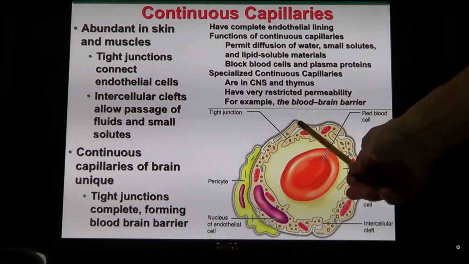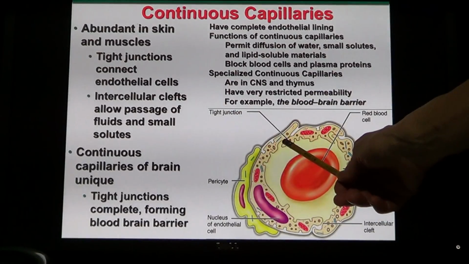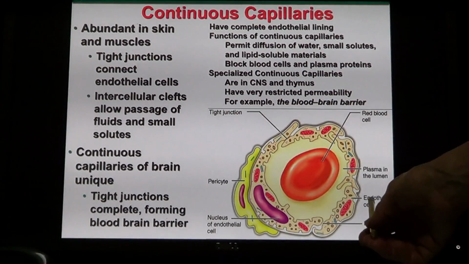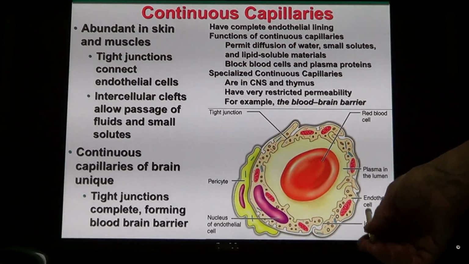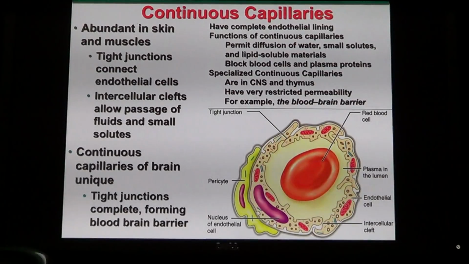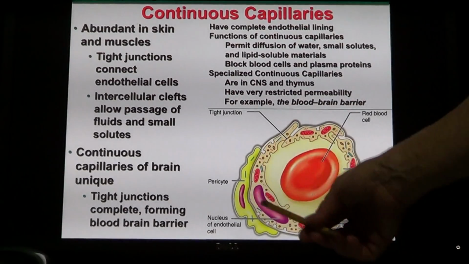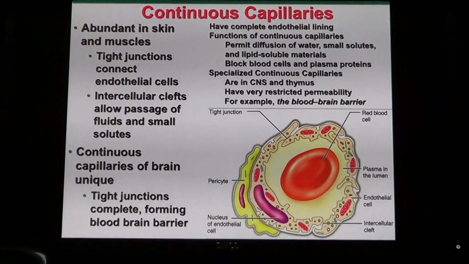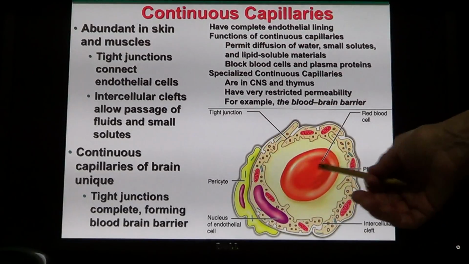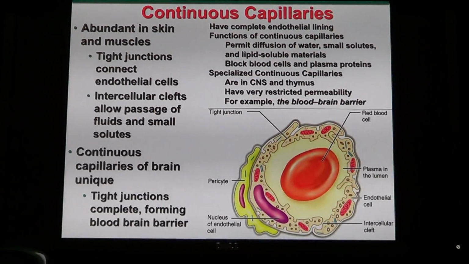So, tight junctions between the endothelial cells, rare gaps between the cells called intercellular cleft here, and nothing more. So this is basically brain, skin, muscle, where you need that tight barrier between tissue and the blood, not to let something in.